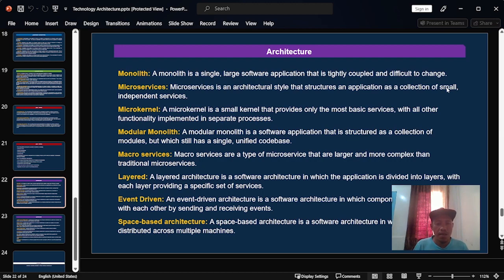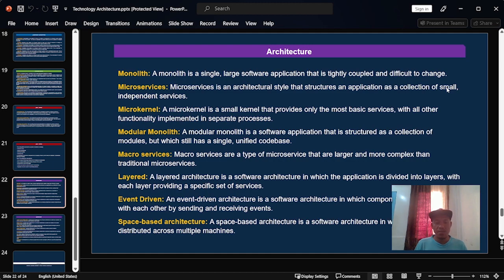Okay. Layered architecture is software architecture in which the application is divided into layers, with each layer providing a specific set of services. So event-driven. An event-driven architecture is software architecture in which components communicate with each other by sending and receiving events.